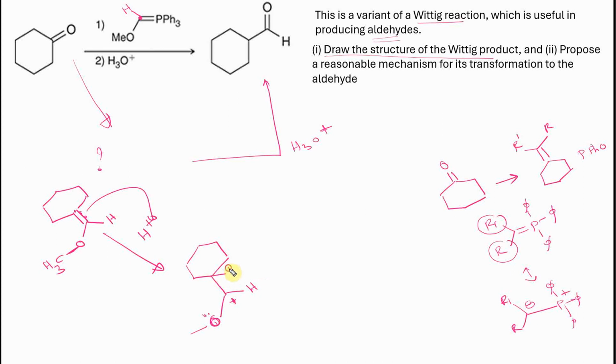So the new hydrogen goes here, and this is where you will get a positive charge because you can write a resonance form which is using the lone pair to quench the positive charge. This is the resonance form that will make this carbocation more stable.